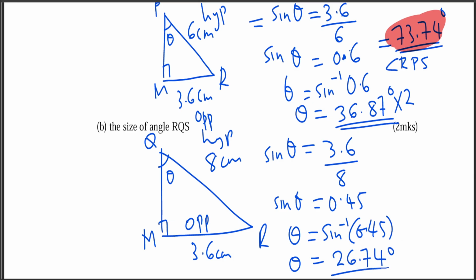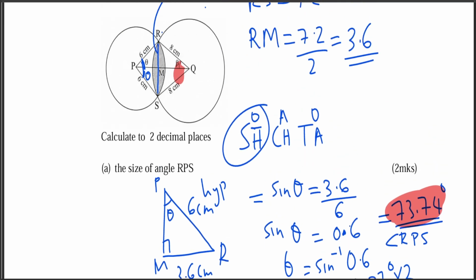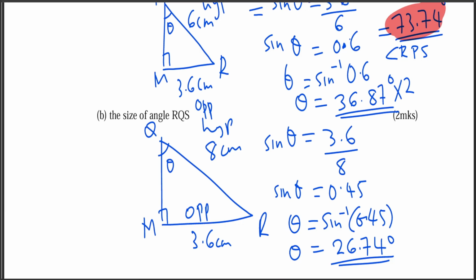26.74 degrees. This is not our answer once more, because you have only got half of that angle. You just got the beta. This is beta, and I wrote theta, I should have written beta. Let's change it to beta. So sin beta, and therefore our beta is this. That is not our true final answer.